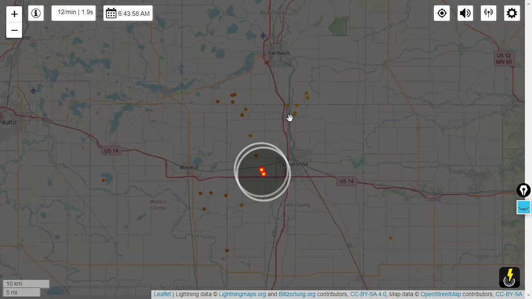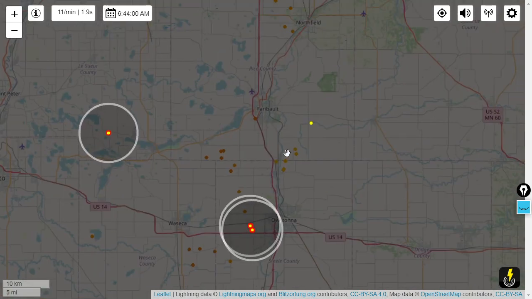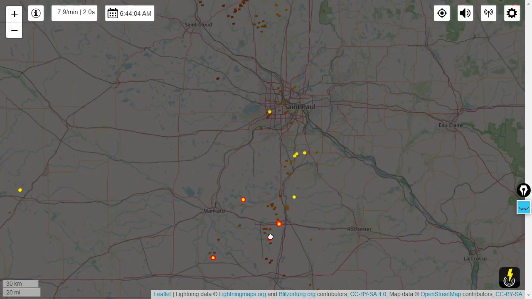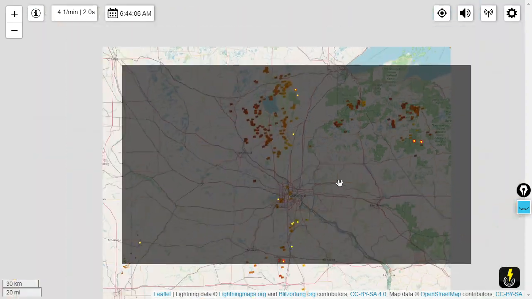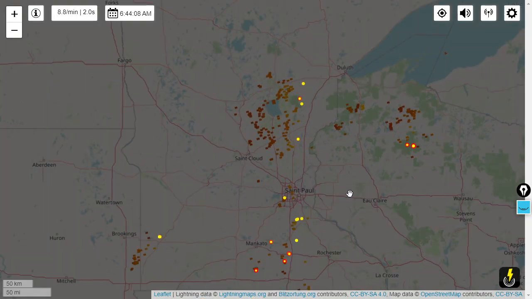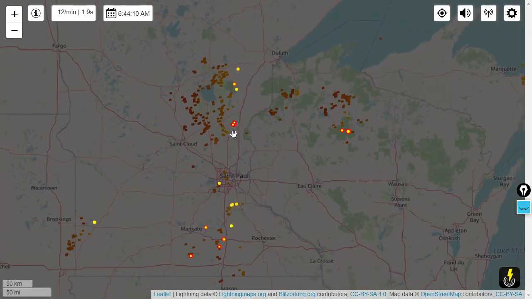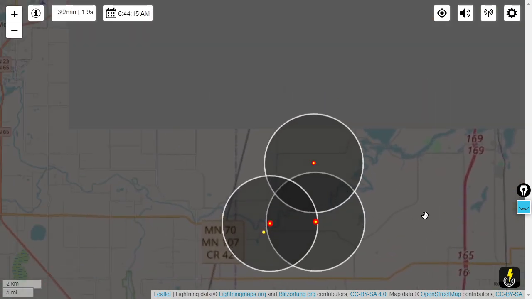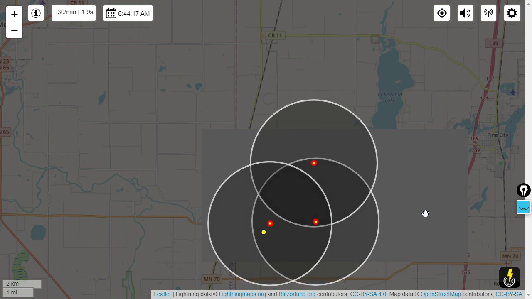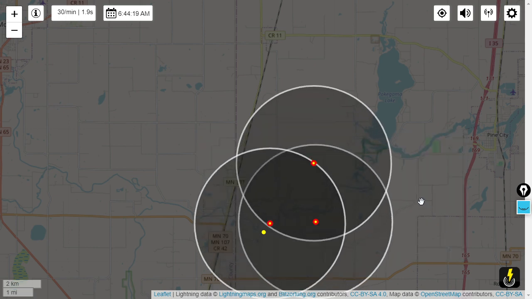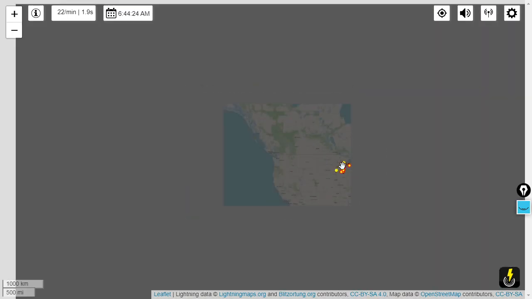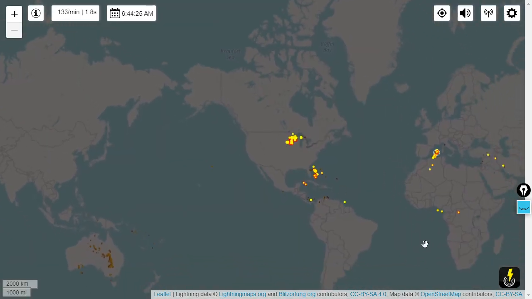There is thunder rolling in. Faribault. Thunder rolling in there as well. Some additional small cells around there, such as this one here. Those lightning strikes brought to you by Led Zeppelin's Oso.